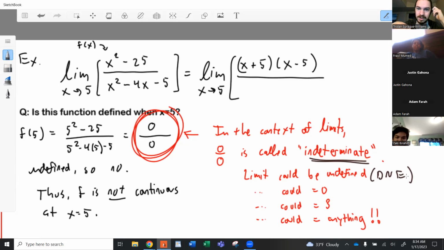So anyway, we're going to factor the numerator. The denominator we can factor as well. Let's see. -5 times +1 is -5, and then -5 plus +1 is -4. So this is going to be x minus 5 times x plus 1.